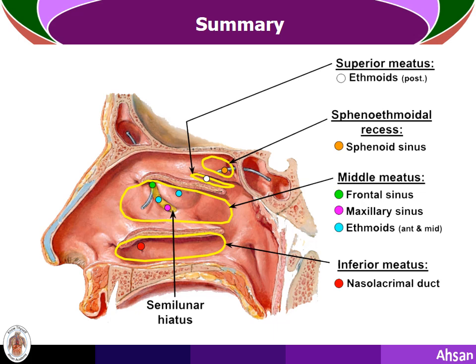In the semilunar hiatus, the anterior part has the opening of the frontonasal duct, the opening of the frontal sinus, and posteriorly the opening of the maxillary sinus. In between there will be openings of the anterior group of ethmoidal sinuses. In the inferior meatus, the anterior part has a large opening of the nasolacrimal duct.